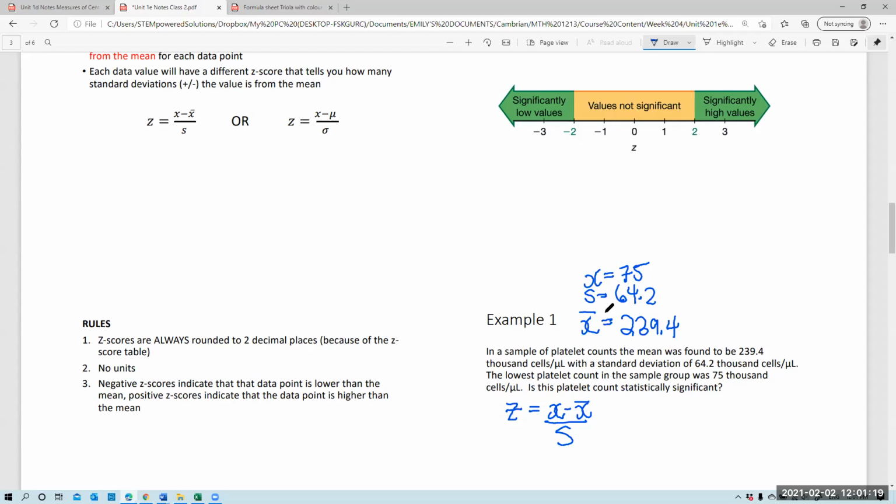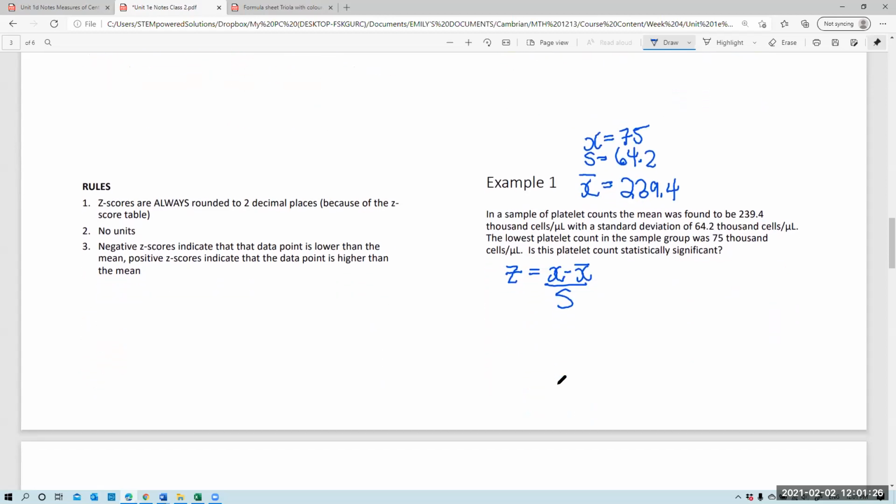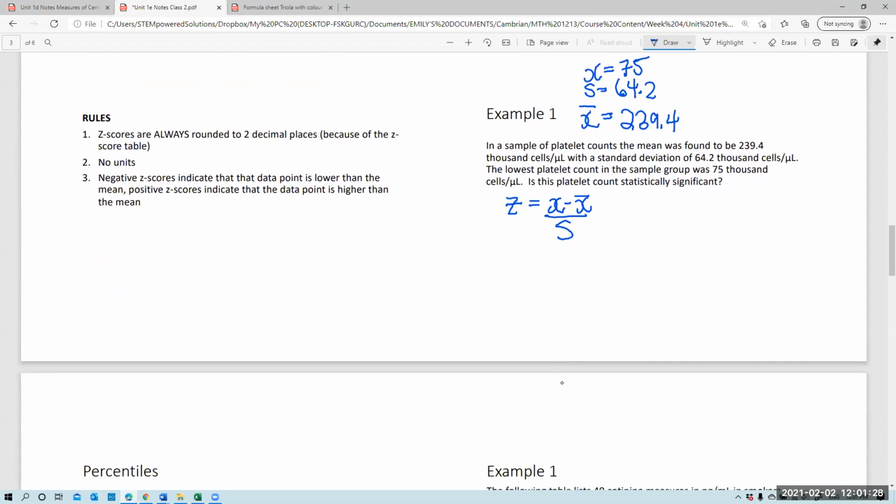I'm not going to include the units because Z is unitless. So I'm just going to plug these numbers directly into the equation and see what we get.